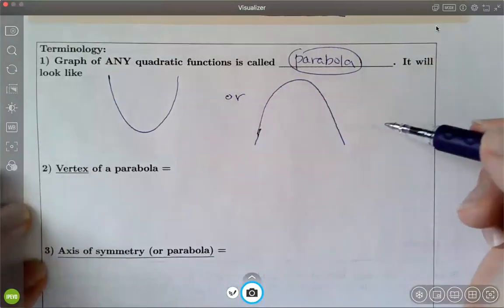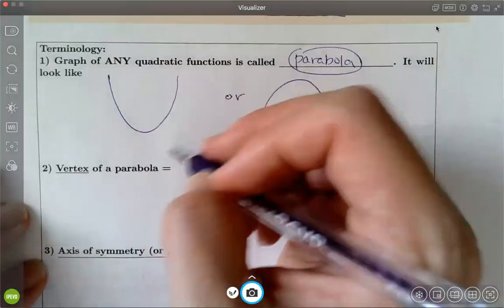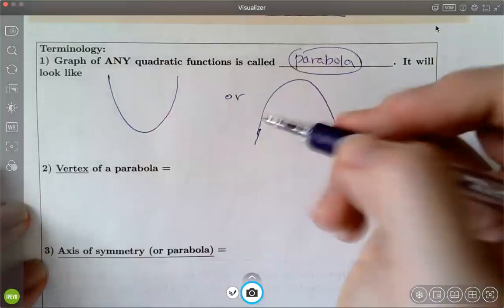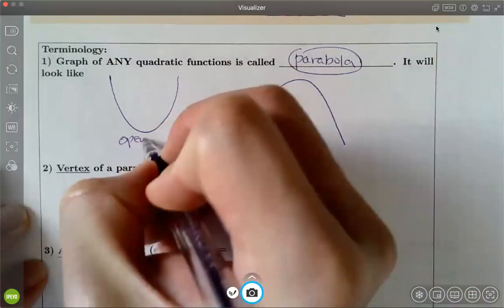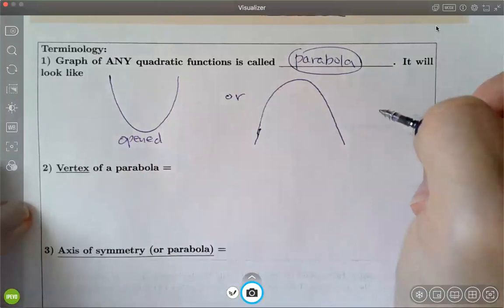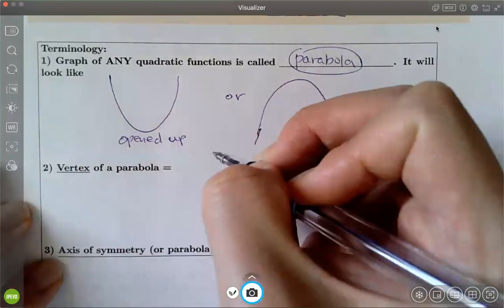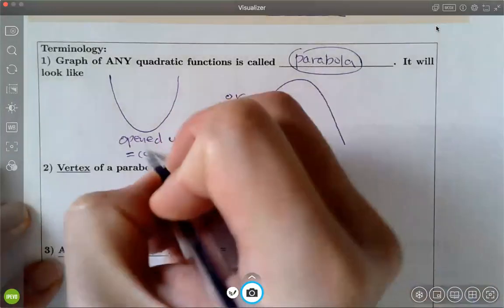Okay, now let's look at the first graph here, the regular U-shaped. Is it opened upward or downward? Upward, right? Okay, so this one is opened upward. Now, this is the same thing as concave up.